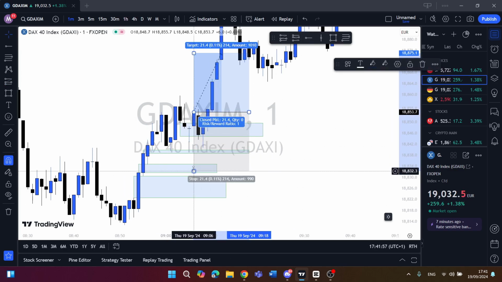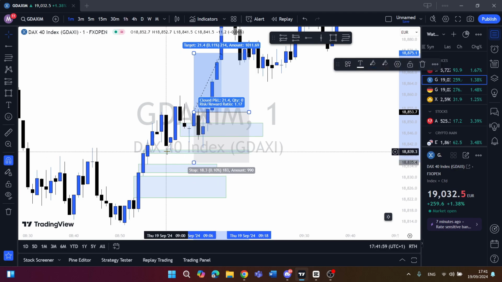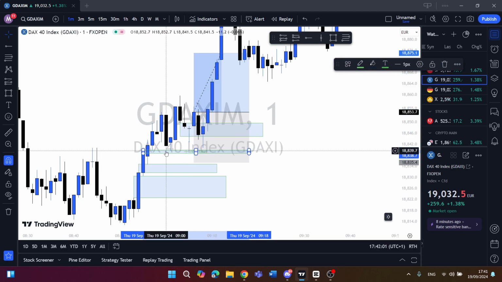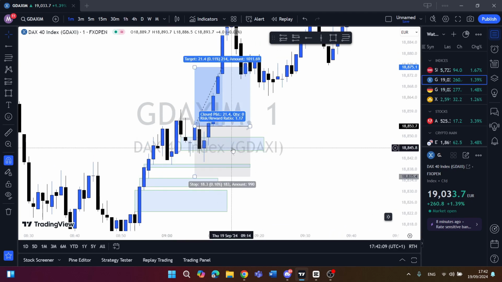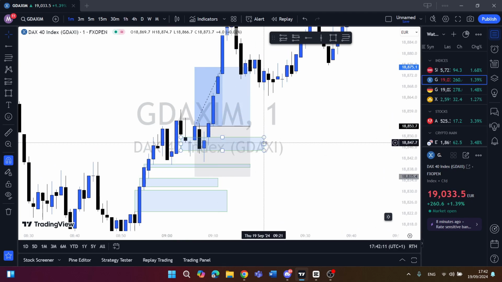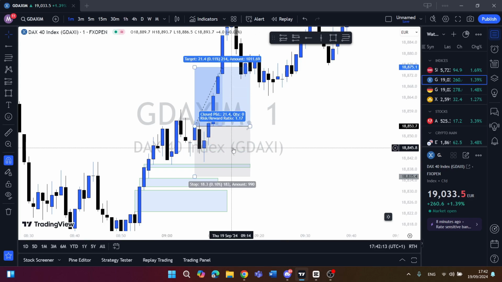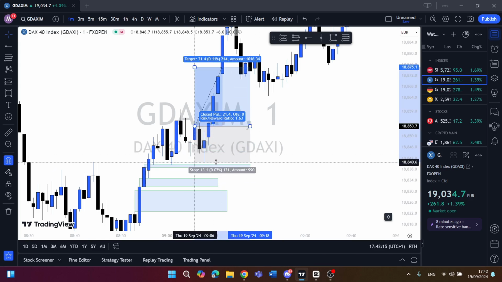and used a stop loss, since this fair value gap has already been tapped in, and since this one was tapped in, this one was tapped in, and this one was tapped in, the price just wanted to shoot up. So I would have used a tighter stop loss, potentially this one, put a few pips extra.